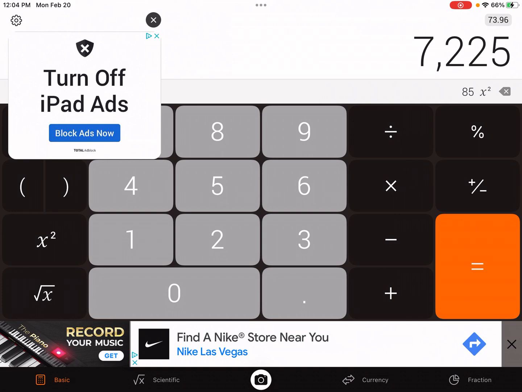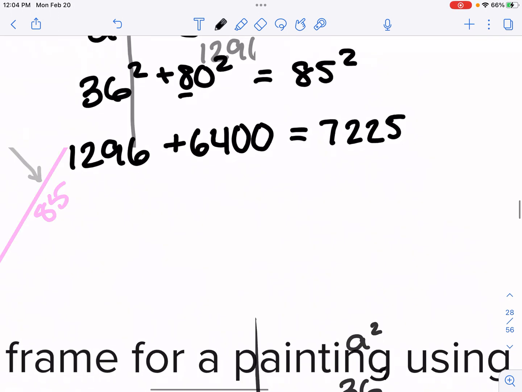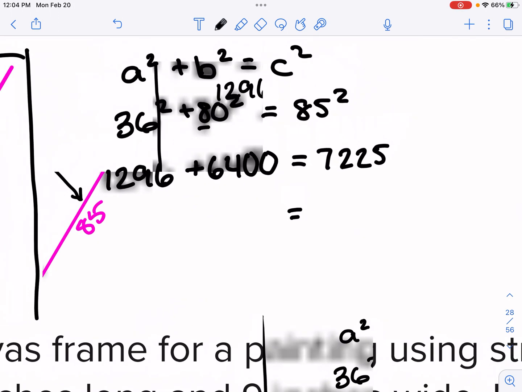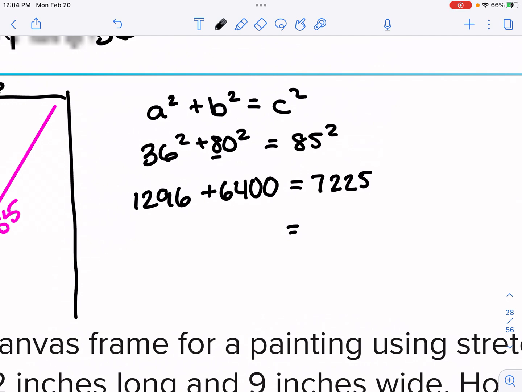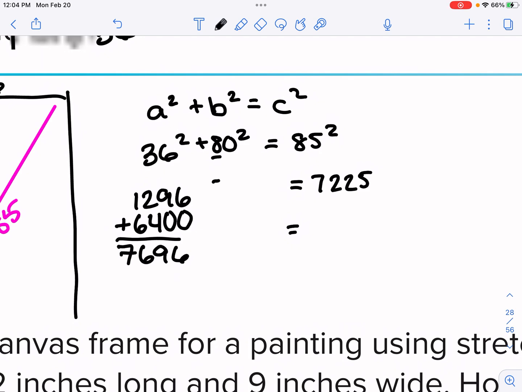And let's add what is to the left. If you add these two values, let's line this up, we're going to get 7,696.